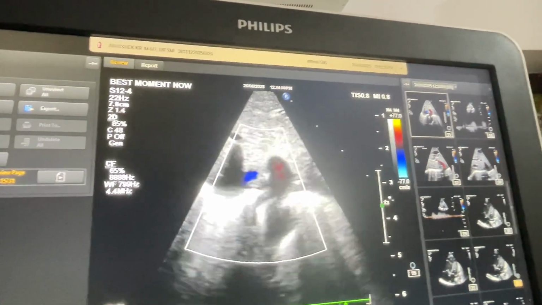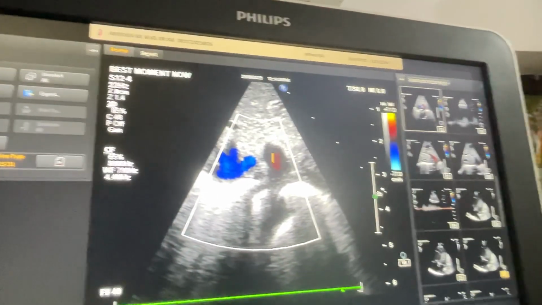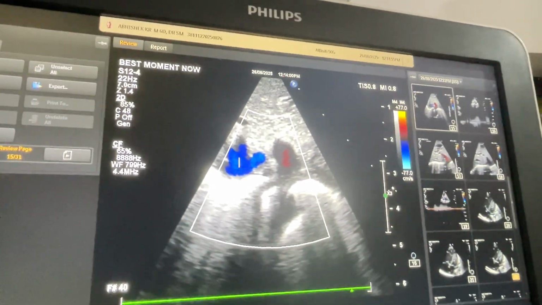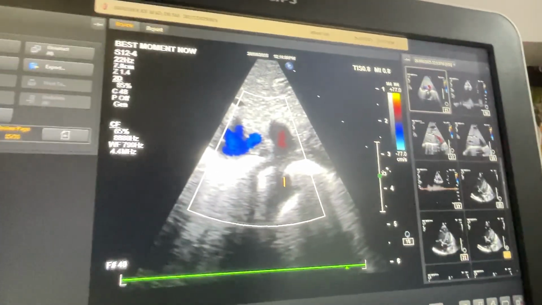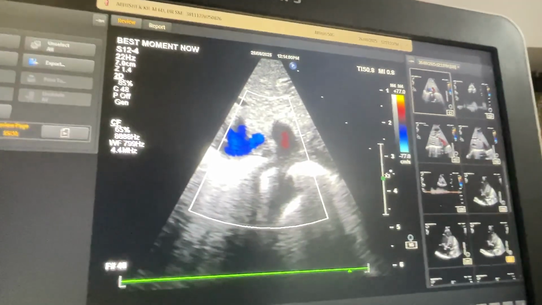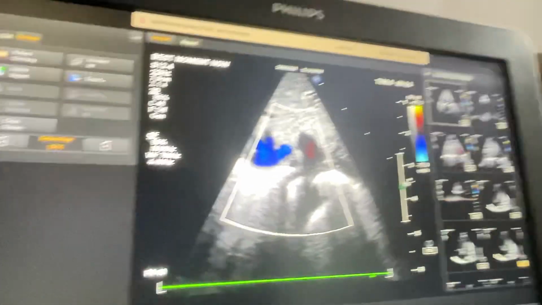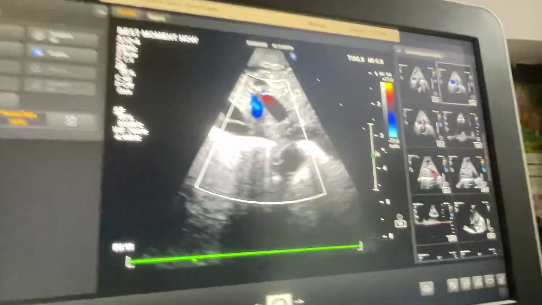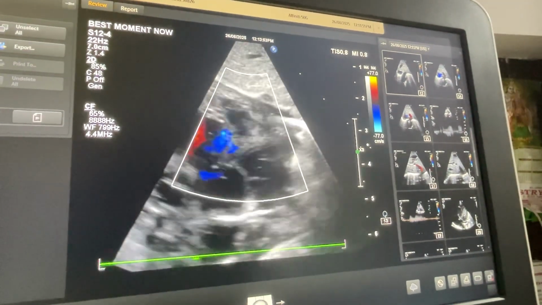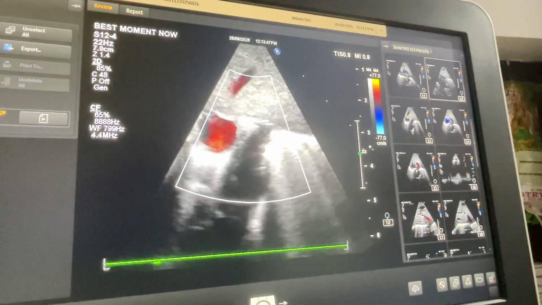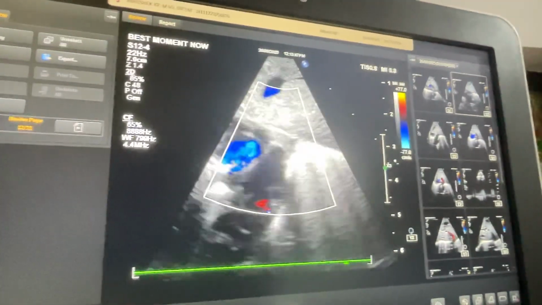Whenever you find this is the aorta, this is a straight vein, and this is the inferior vena cava, that is the point to remember whenever you find three structures. In that case, one of them, this one, is a straight vein. So this is the aorta, this is the straight vein, this is the IVC.